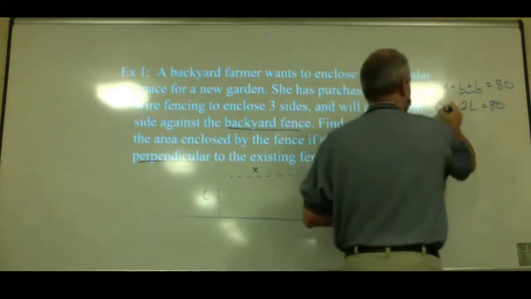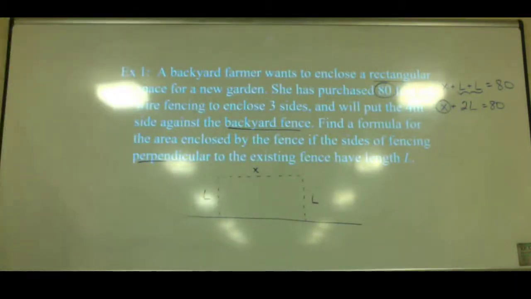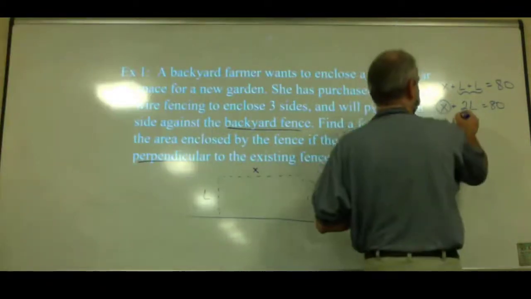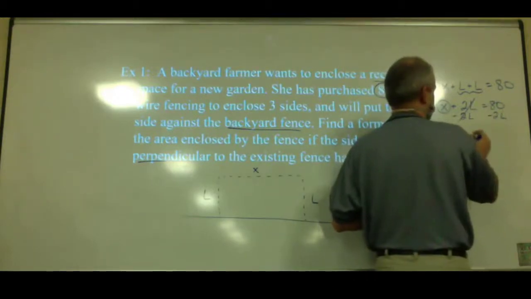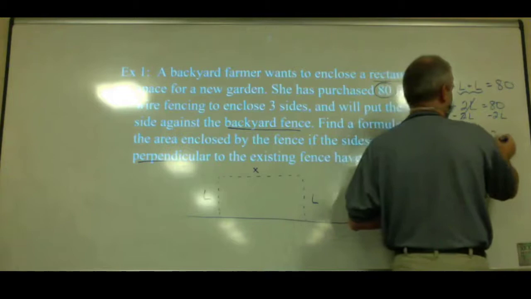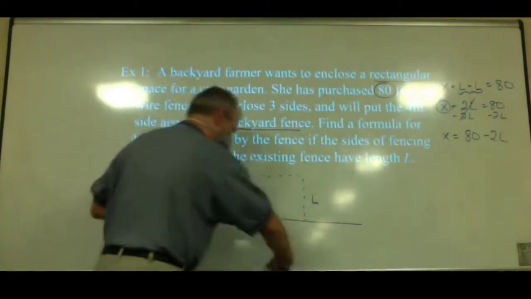And if we want to figure out how long this is and get that X by itself, how do we do that? Subtract the 2L. So X, that third side, is equal to 80 minus 2L. Now, we can't simplify that at all, but we're going to go ahead and put that on our picture.